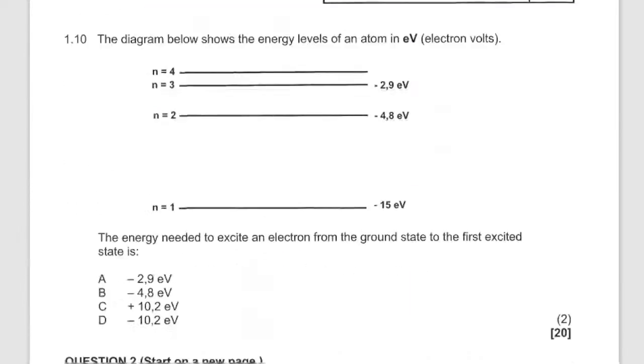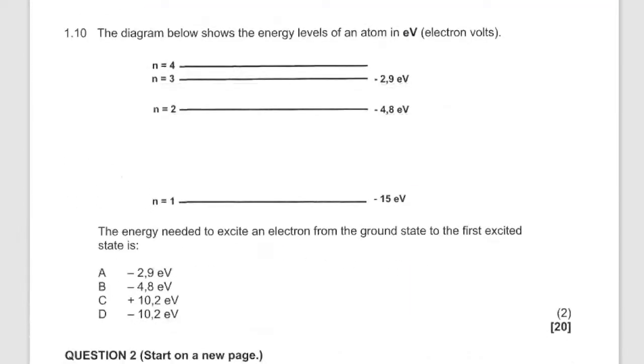Then 1.10, the diagram below shows the energy levels of an atom. The energy needed to excite an electron in the ground state to the first level. Okay, so this question, remember from the scope that we have, this was scrapped out.